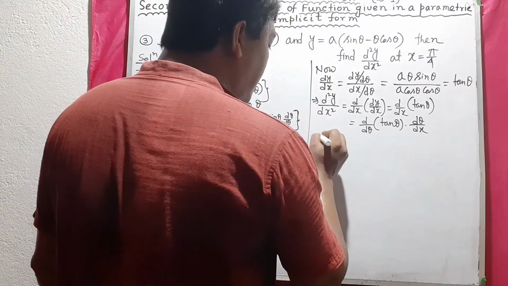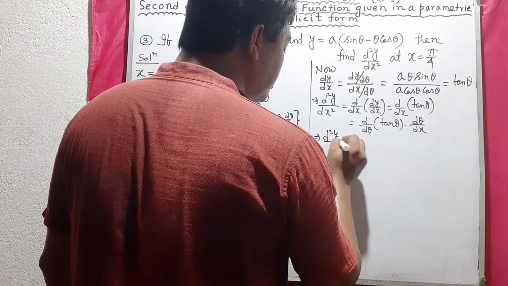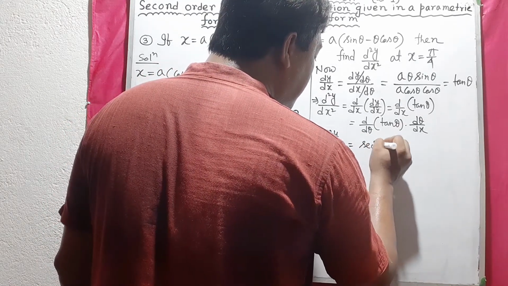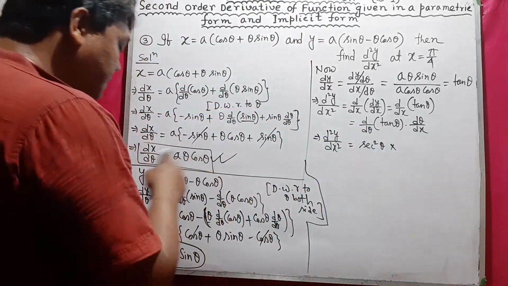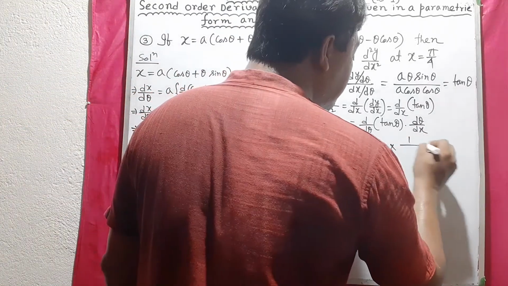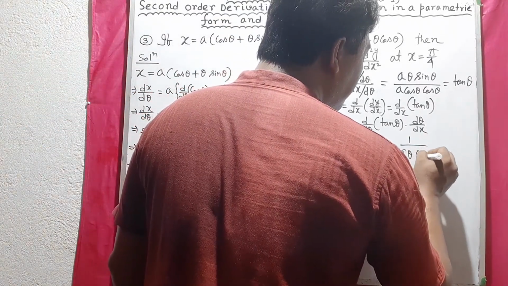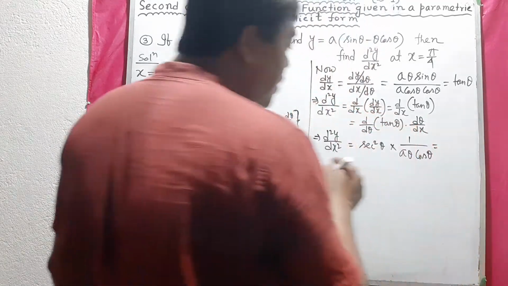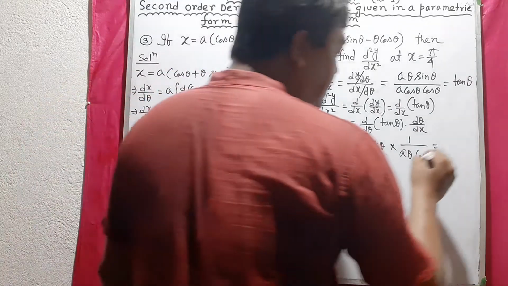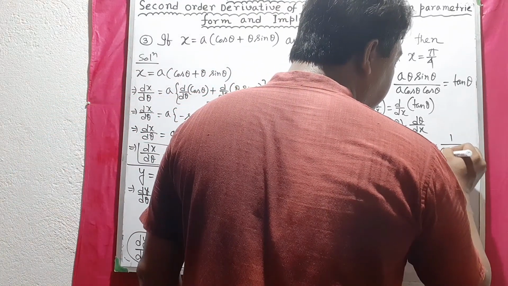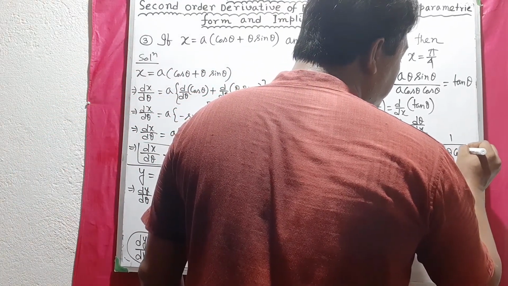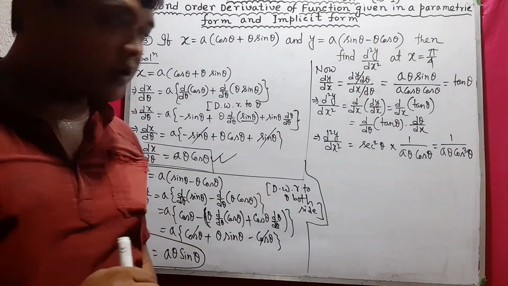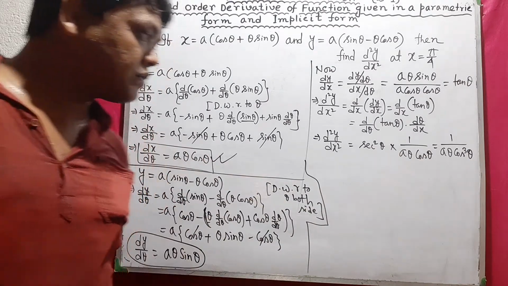So d2y/dx2: tan theta derivative is sec square theta, and d theta/dx is 1 by a theta cosine theta. So sec square theta means 1 by cos square theta, that means 1 by a theta into cos cube theta. Am I right? Sec square theta is 1 by cos square theta, into cos theta, cos cube theta.